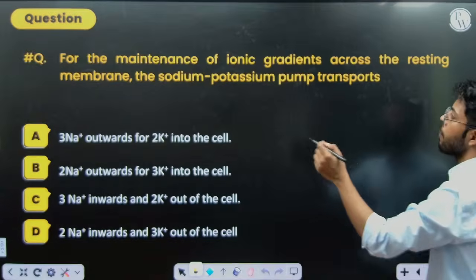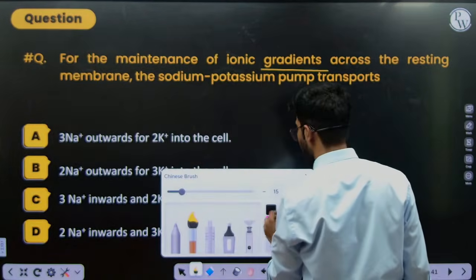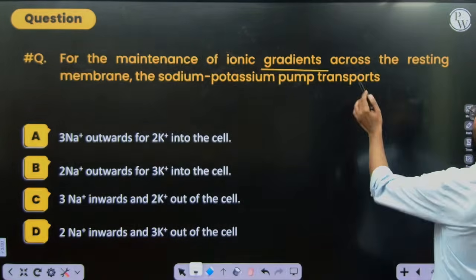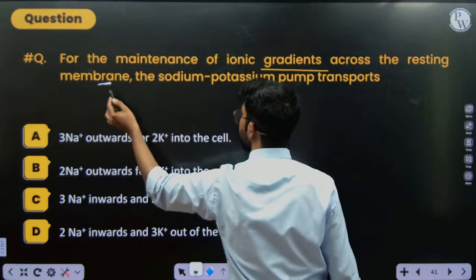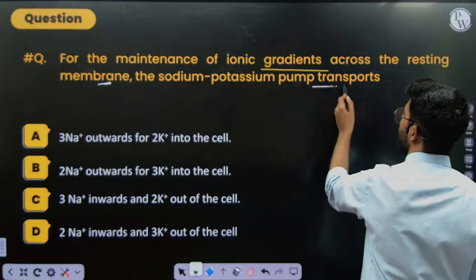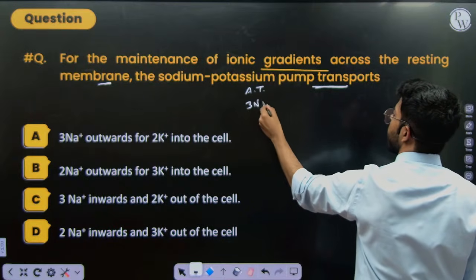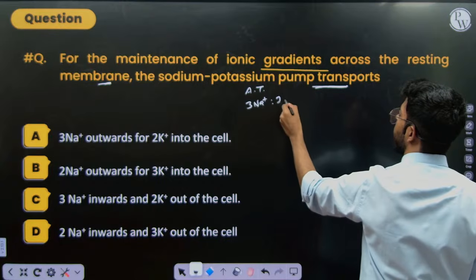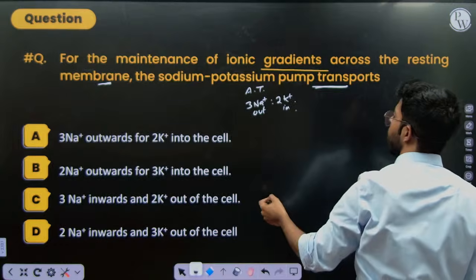Now the question: for the maintenance of ionic gradients across the resting membrane, that is, the cell is in the resting phase at minus 70 millivolts, the sodium potassium pump transports. This is the active transporter, and it always pumps sodium out and potassium in, in a 3:2 ratio.